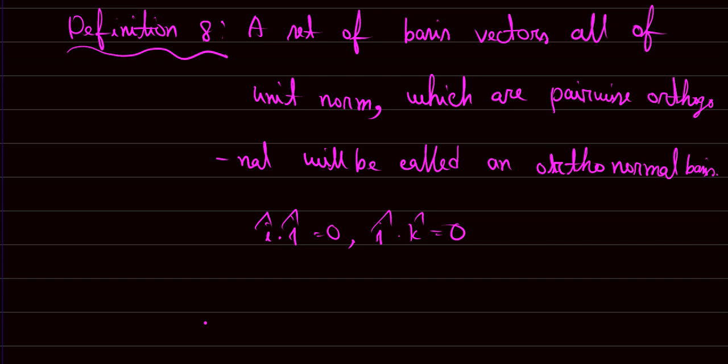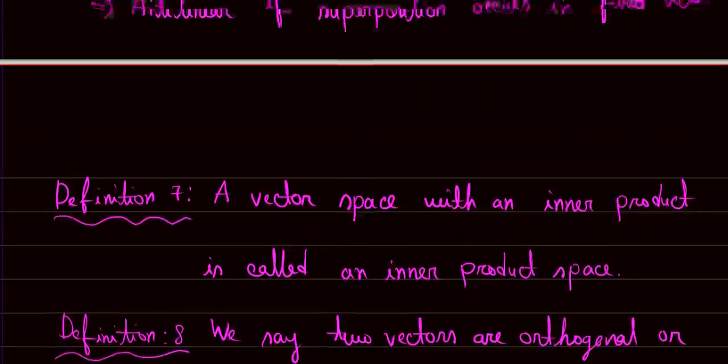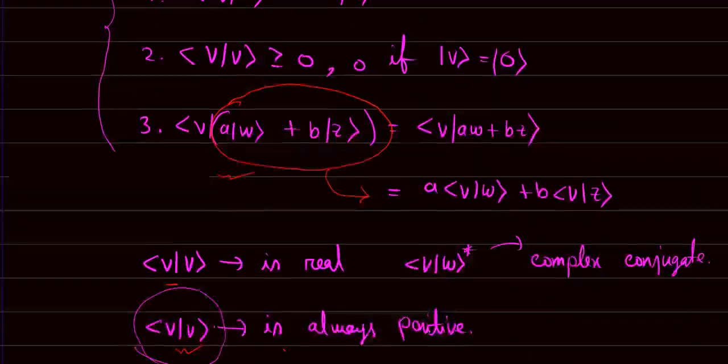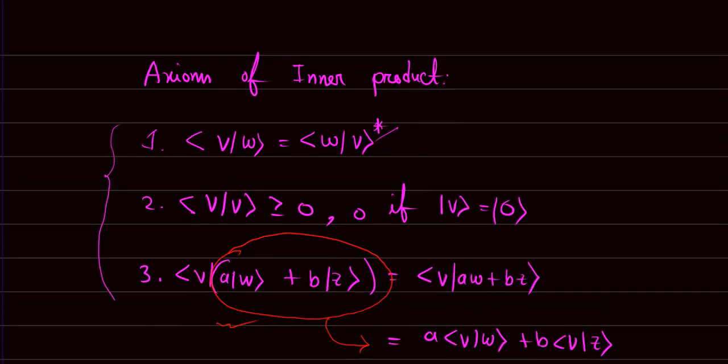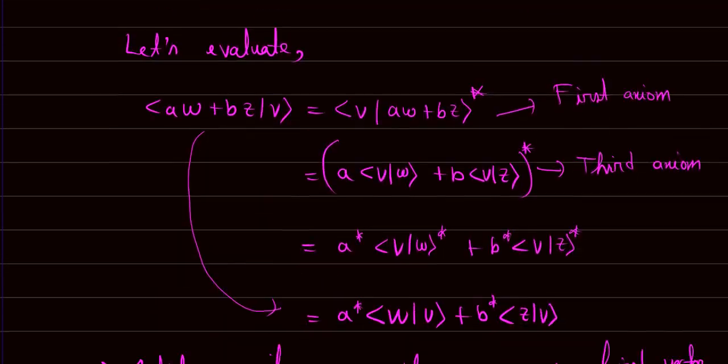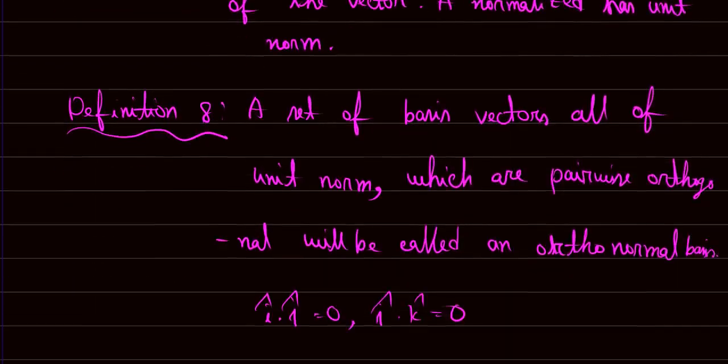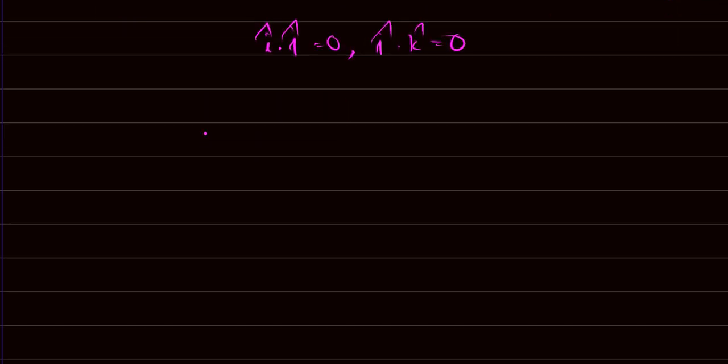So now we want to find a formula for how to evaluate an inner product, right? We have explained the axioms we will choose, and now we want to know how to calculate one inner product.